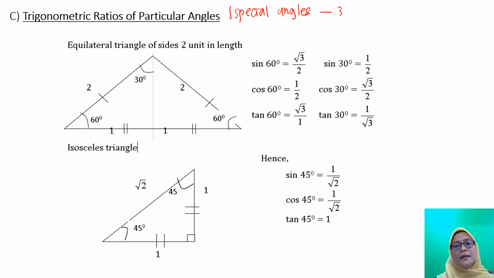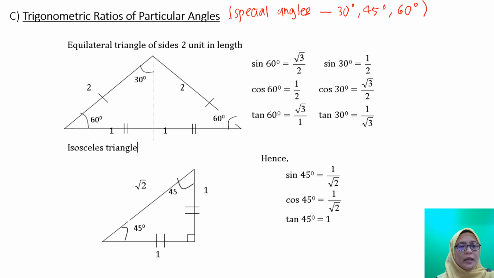So angle yang ada 30, 45, 60. Okay, so kita boleh guna daripada equilateral triangle of side 2 unit in length. So maksudnya daripada sini kita boleh guna this diagram.